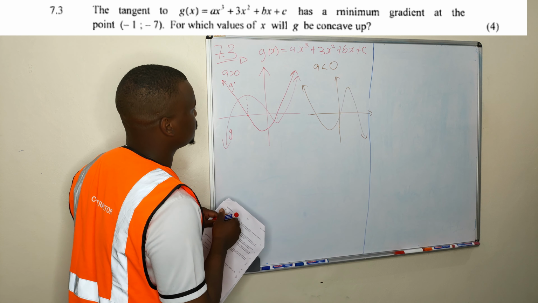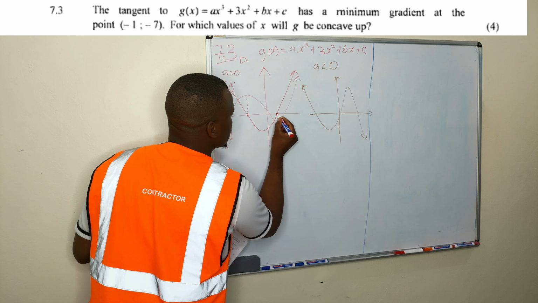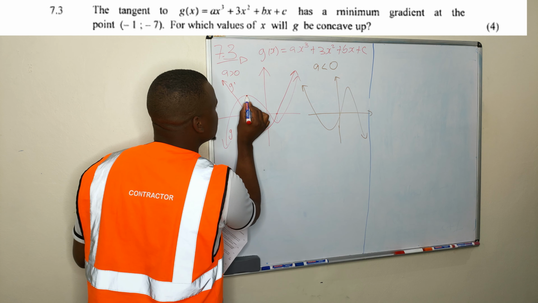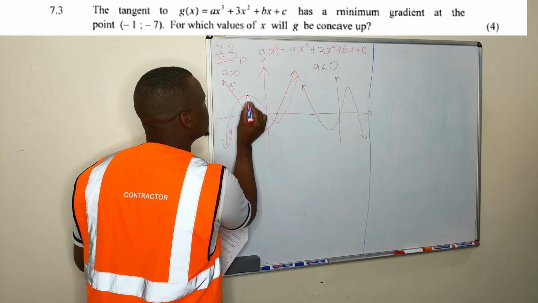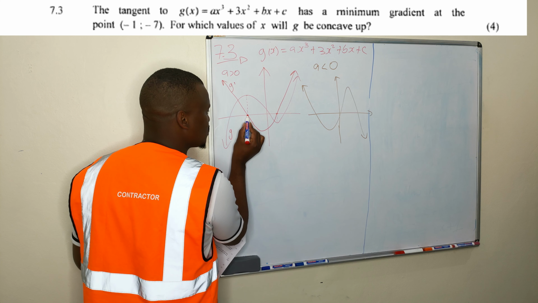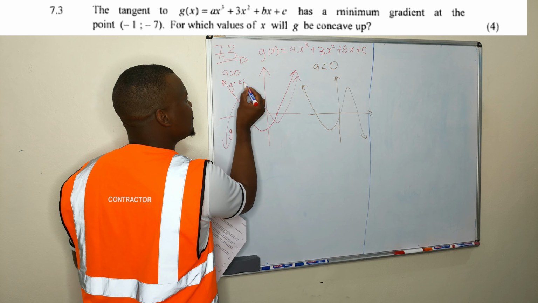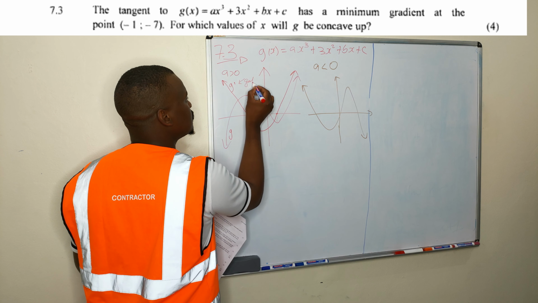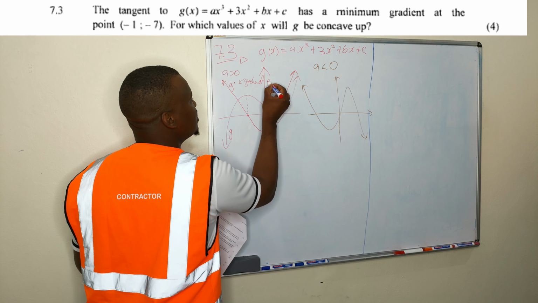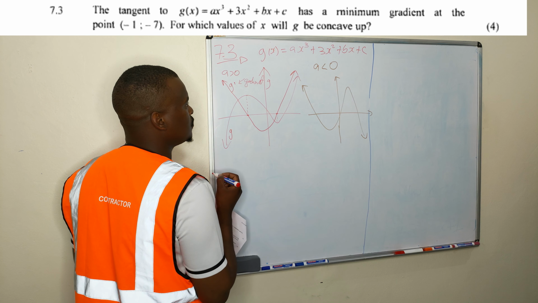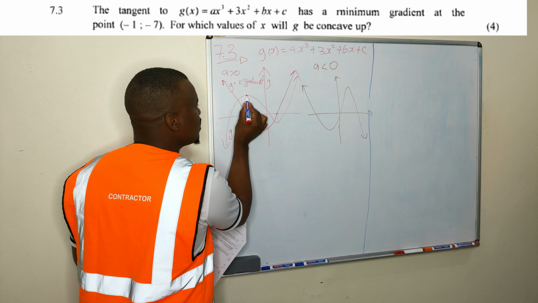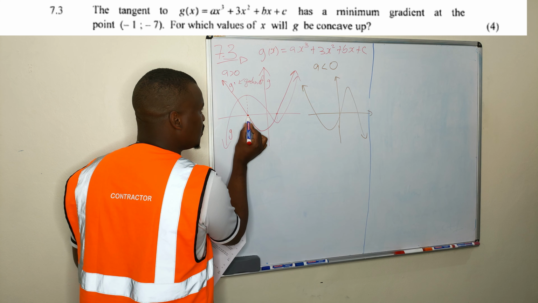So if you look at it, at the turning point, the gradient is 0. That's because I said the derivative gives you the gradient of g. So you see the gradient is 0 here, and it's 0 here.